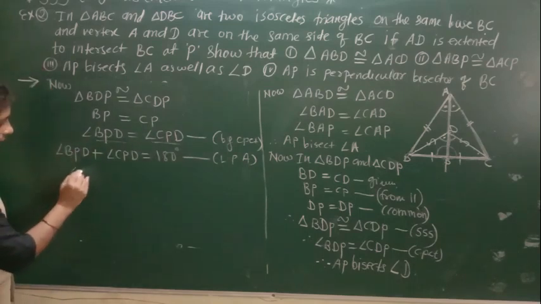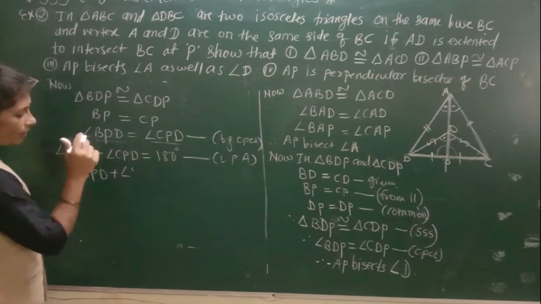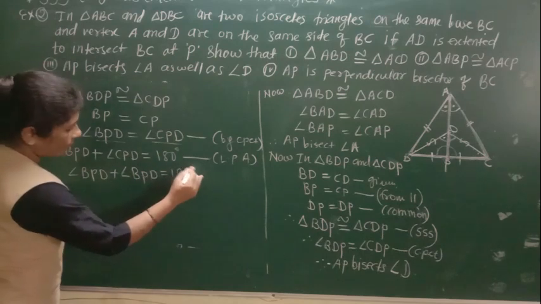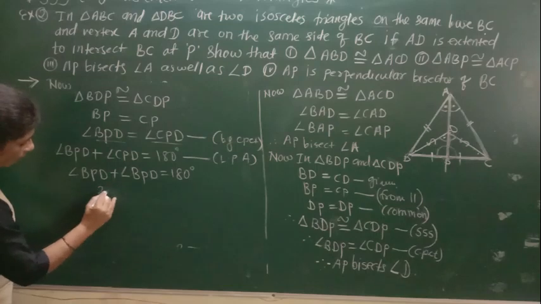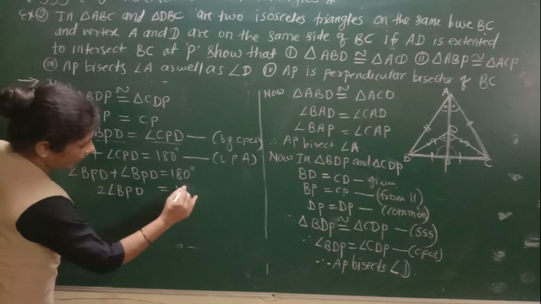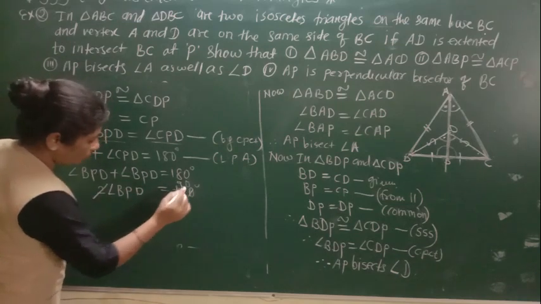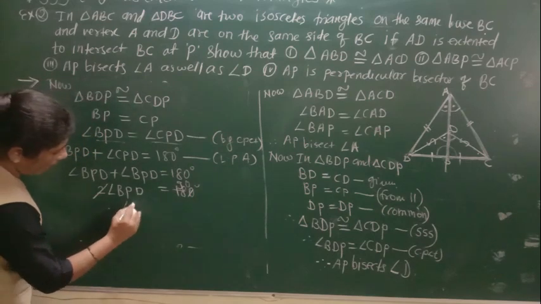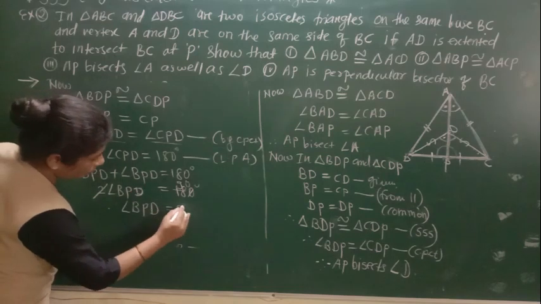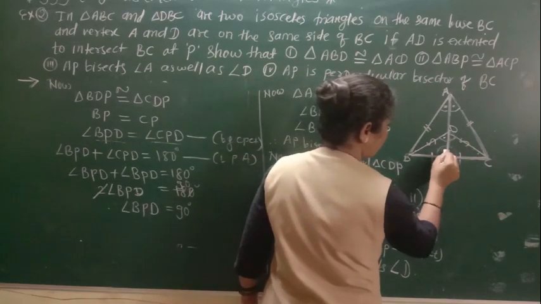So 2 times angle BPD equals 180 degrees, so angle BPD equals 90 degrees.